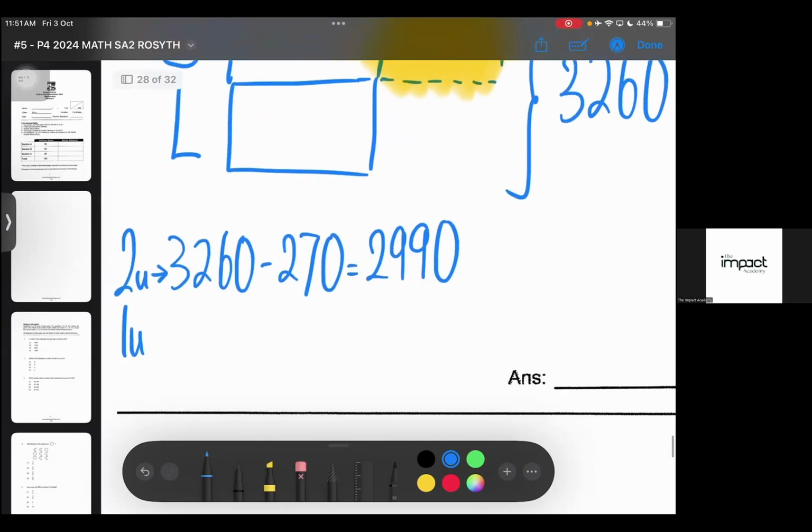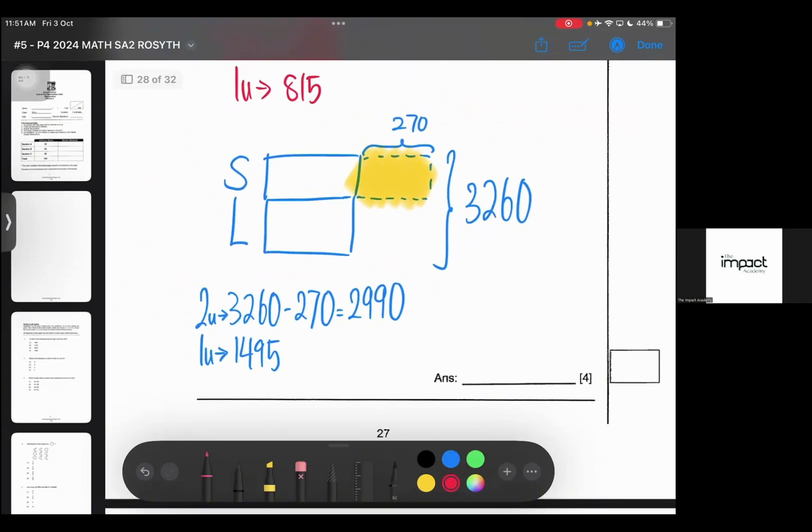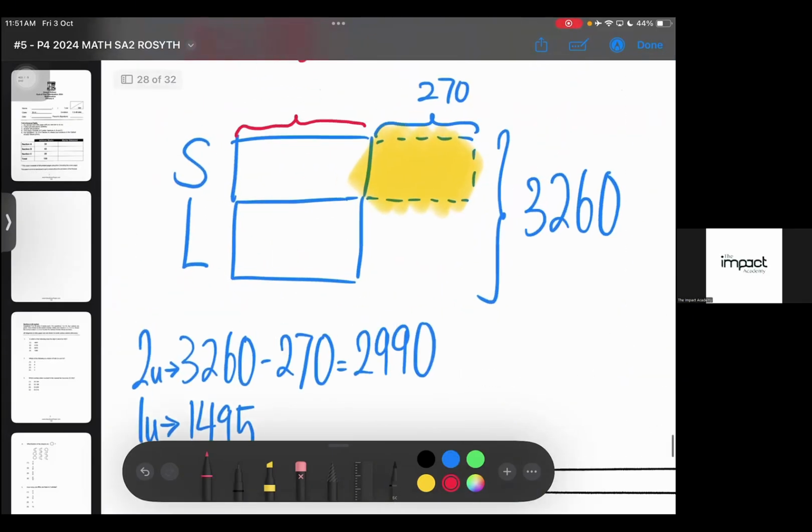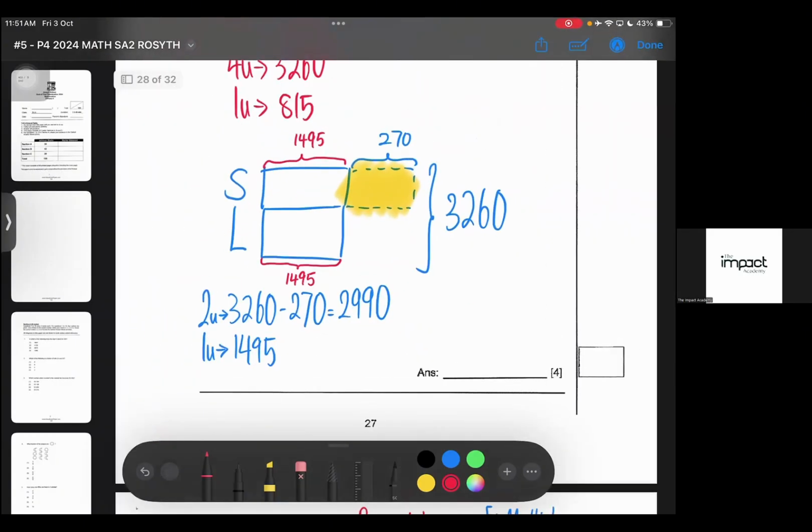So you're going to get to 1 unit. 2,990 divided by 2, you get 1,495. So this part over here is 1,495. You understand or don't understand?